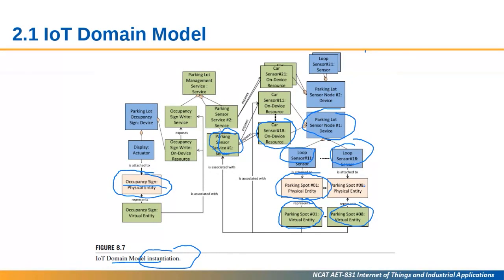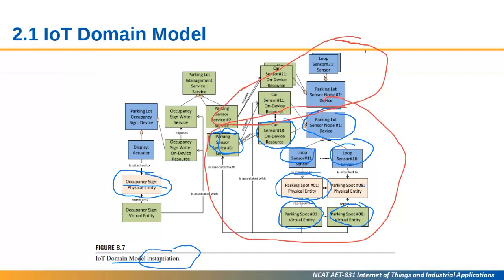The upper section of the figure is basically a repetition of the information down there, because we have 2 rows of parking spots, and we just illustrate one of them in more detail. The one on top is the same. Let's come back to the left-hand side. The occupation sign as a physical entity is basically an actuator because it displays the information, right?